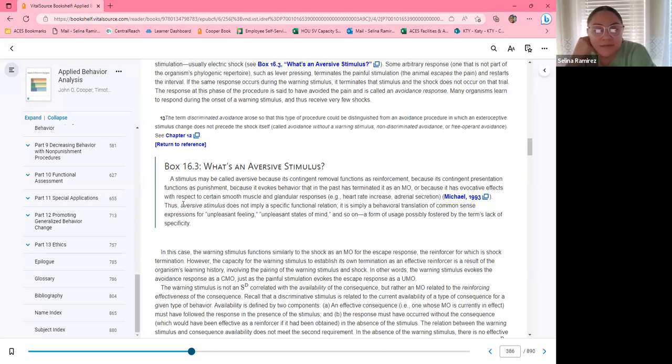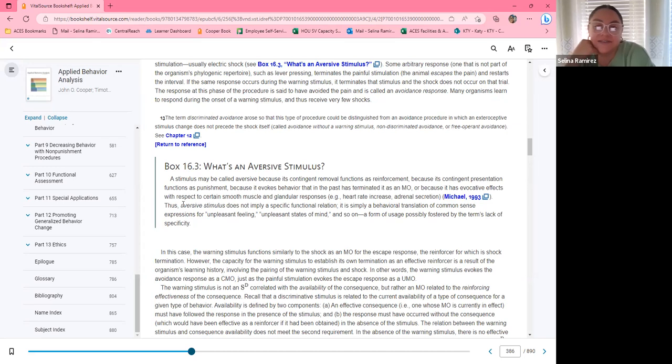Or because its contingent presentation functions as punishment, because it evokes behavior that in the past has terminated it, as an MO, or because it has evocative effects with respect to certain smooth muscle and glandular responses, heart rate increases, adrenal secretion. Thus, aversive stimulus does not imply a specific functional relation. It is simply a behavioral translation of the common sense expression for unpleasant feeling.